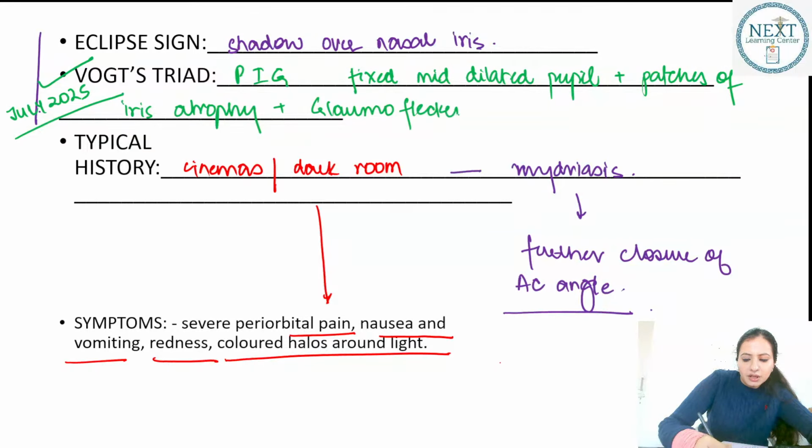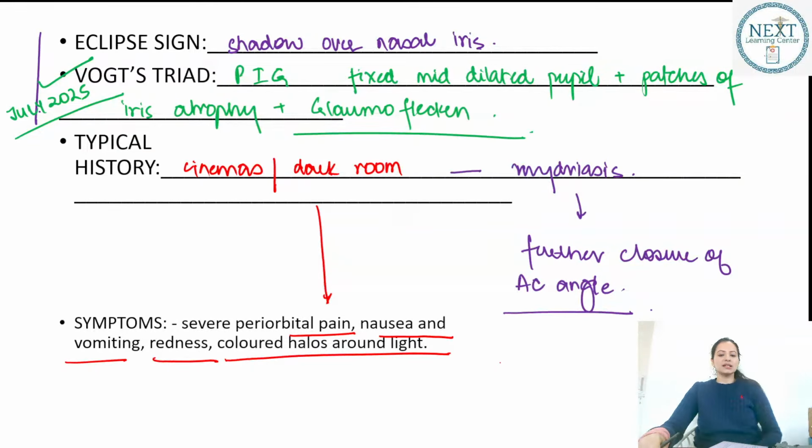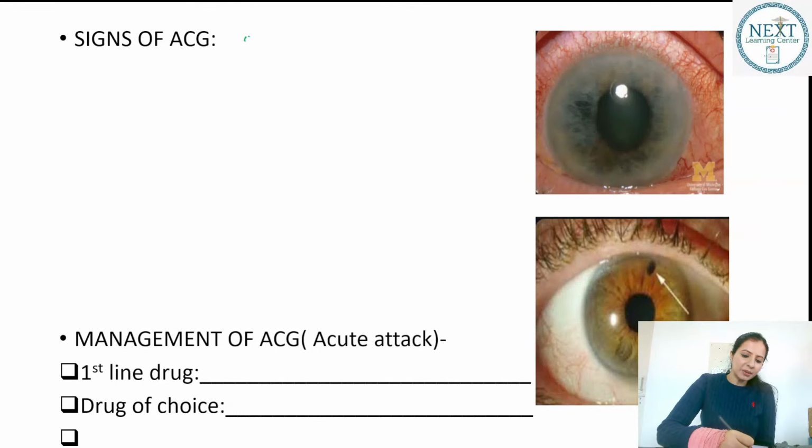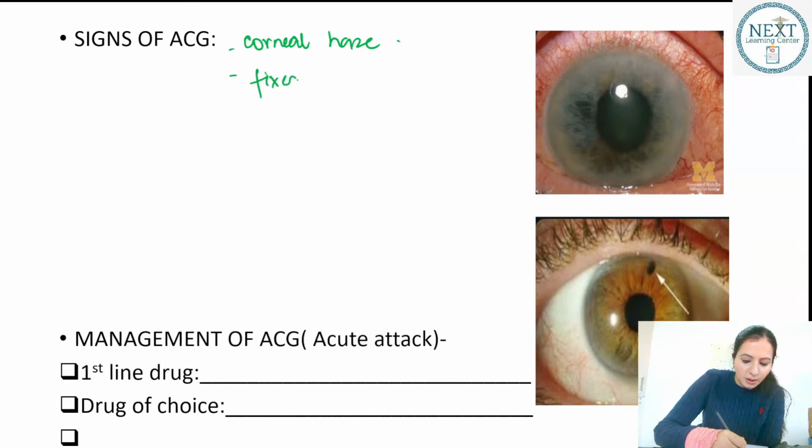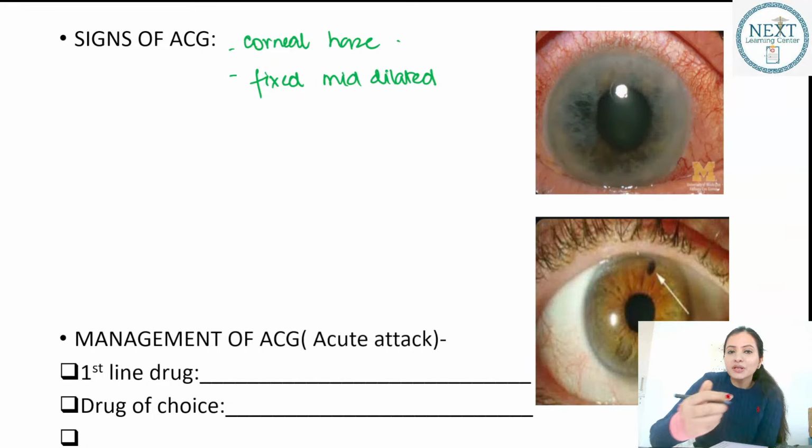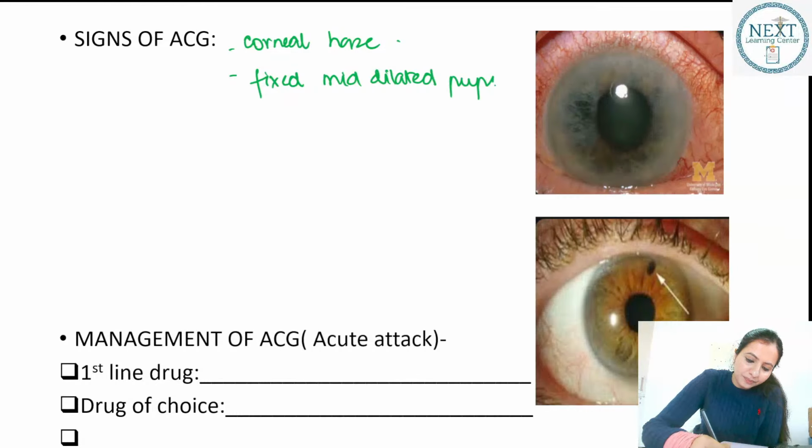What happens is that because of angle closure, there is ischemia everywhere. So there will be corneal haze, and there will be a fixed mid-dilated pupil because of decreased blood supply of the sphincter pupillae.